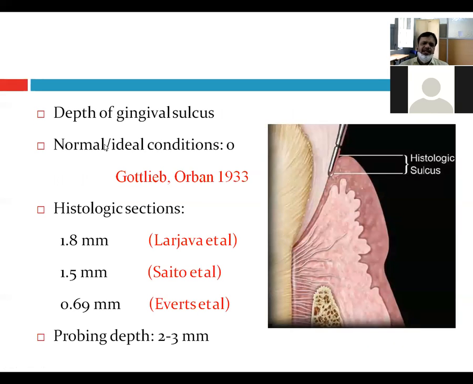Ideally, the depth of gingival sulcus is 0, but you usually can't find a sulcus with a depth of 0. Histologically, it is 1.8 millimeters, or 1.5 millimeters according to Gargiulo. So probing depth is an important parameter while recording your case history. The probing depth of gingival sulcus is 2 to 3 millimeters.